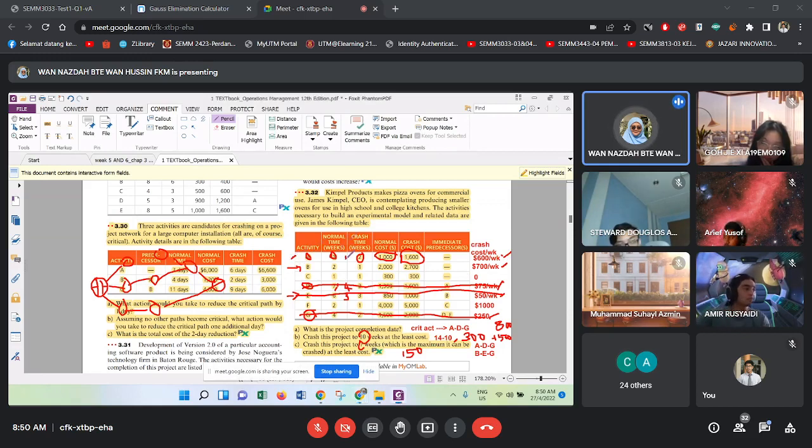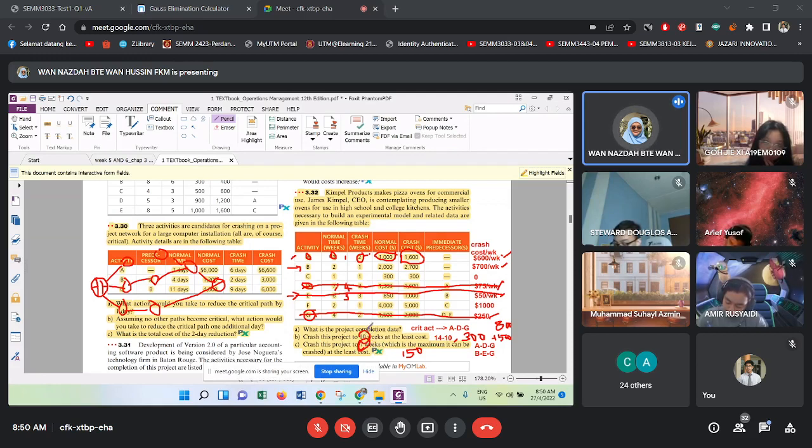All right. So on your new network diagram, you change the time for activity A from 3 to 2. Okay, so can you get the completion time equals to 7?